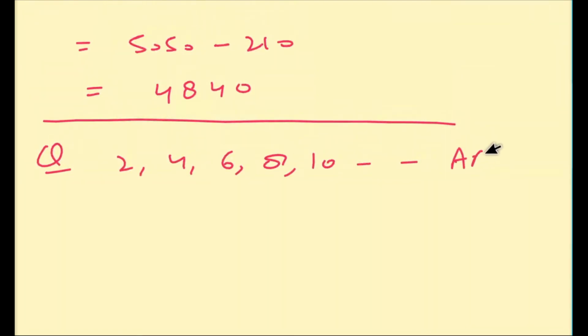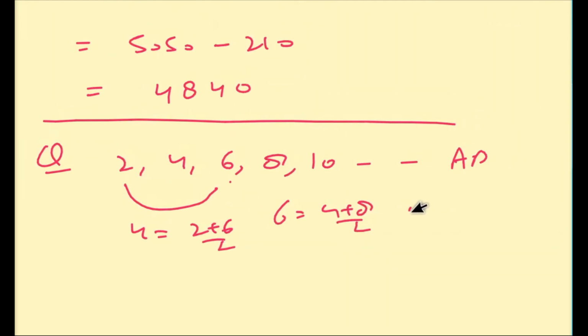It is in AP, isn't it? So we can see here, 4 is equal to (2 plus 6) upon 2, and 6 equal to (4 plus 8) upon 2, and 8 equal to (6 plus 10) upon 2, isn't it? So this is the mean of these two terms, and this is the mean of these two terms, and this is the mean of these two terms.